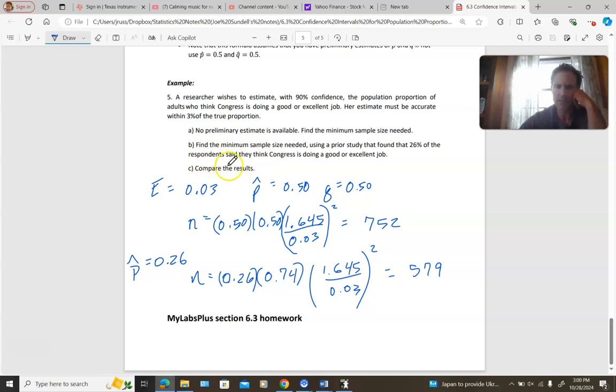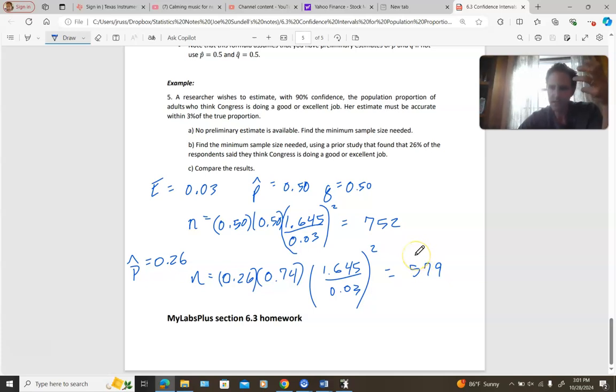And then part C says compare the results. Well, this is interesting because this minimum sample size is smaller than this. And the reason, guys, is because we actually have a point estimate from the previous study. So we have a lot more information, so we don't need that sample to be as large. Okay?